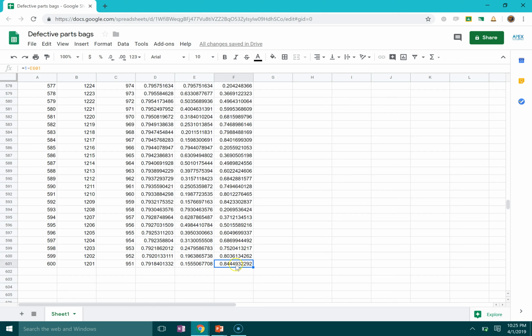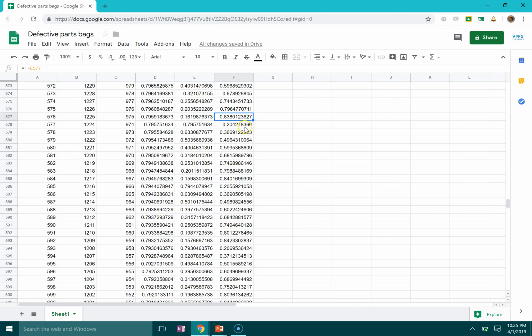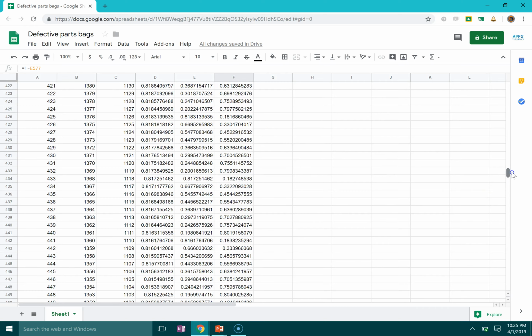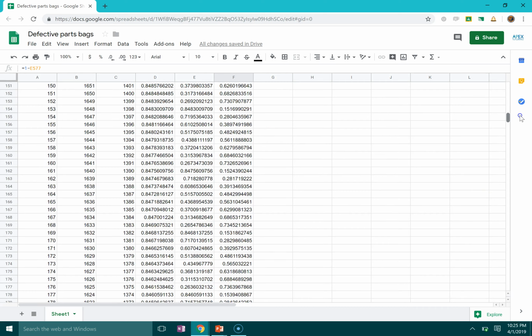If you look at this, 0.8423, 0.8401, 0.8380, it's going down by approximately 0.002 each time. That's just approximate, but it's close enough that we can treat it as a linear function because there are so many pieces.